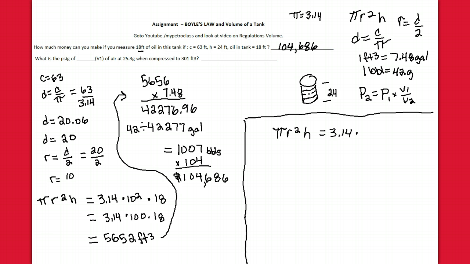What's R? R is going to be equal to 10 squared. And then H is 6. Remember, we had 6, 12, 18 feet of oil, so 6 left over because the tank is 24 feet tall. So the height is going to be 6 feet.